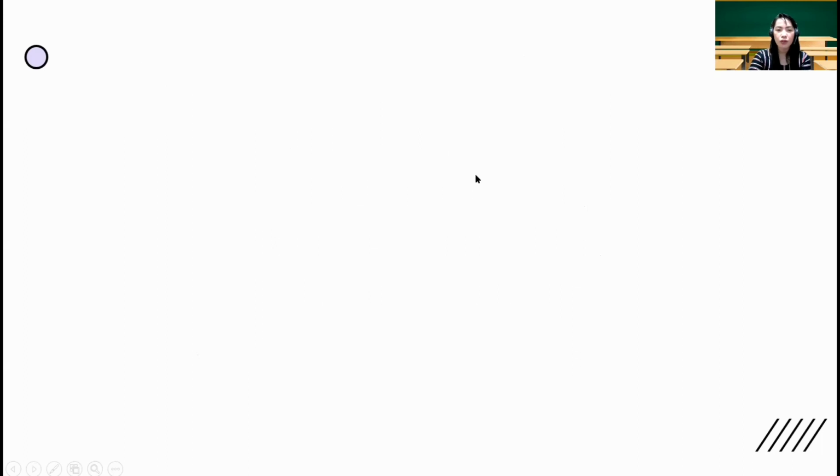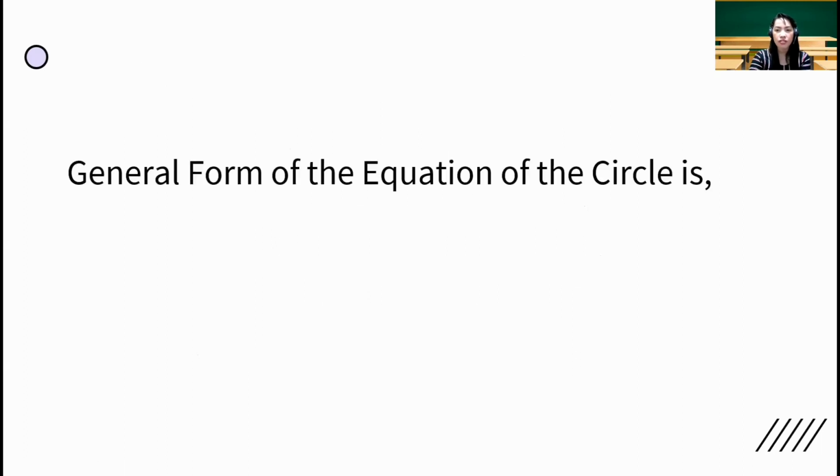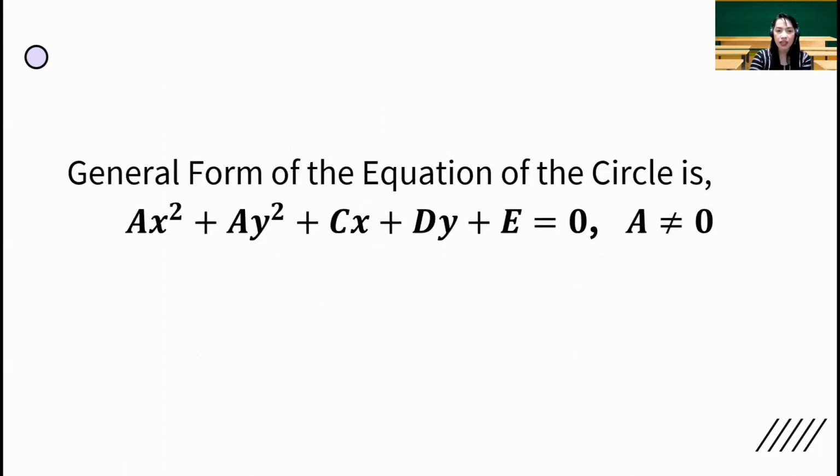The general form of the equation of the circle is ax squared plus ay squared plus cx plus dy plus e equals 0, where a should not be equal to 0. Here, the a are the coefficients of x squared and y squared. That should not be equal to 0.